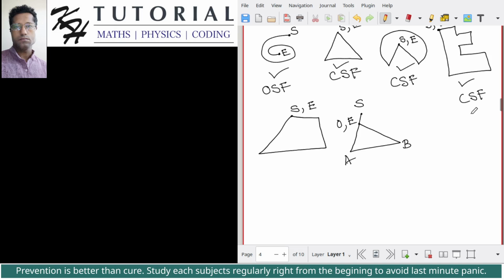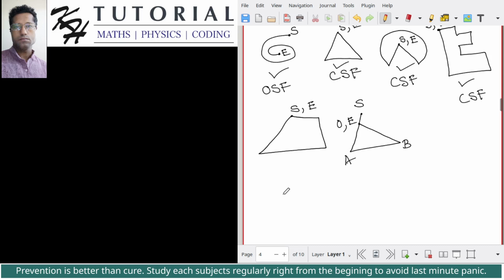But remember that if in a figure the starting point and the end point coincide, then the starting point or end point is never the point of intersection. We never say that the figure has intersected itself at the starting point or end point if they are the same.